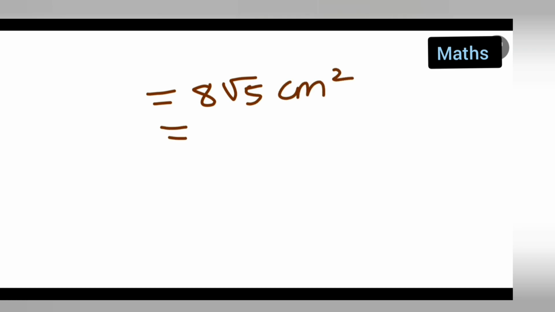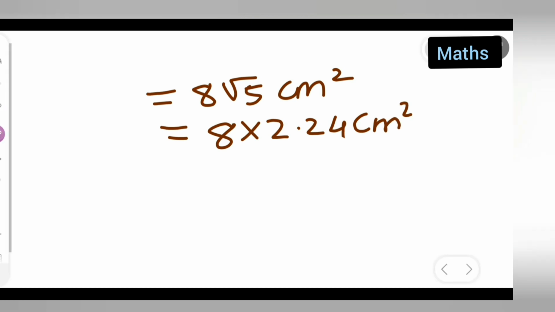Root 5, you all can do by using a long division method. If you all don't know, you can comment below. I'll provide the link in the comment section. So root 5 is 2.23, that will be your answer.